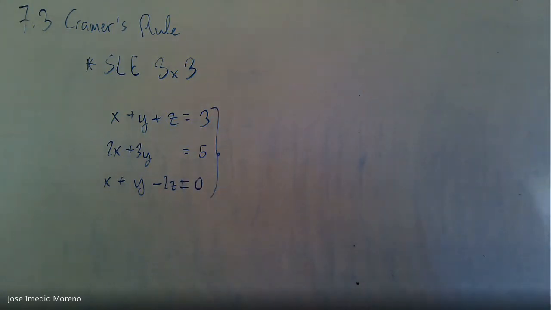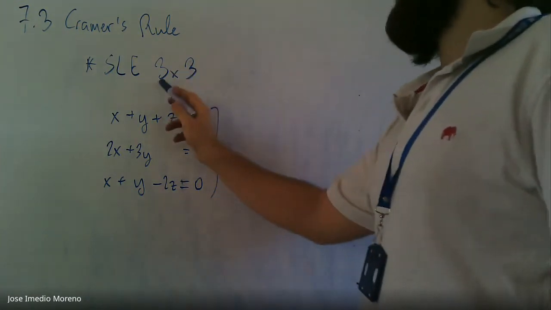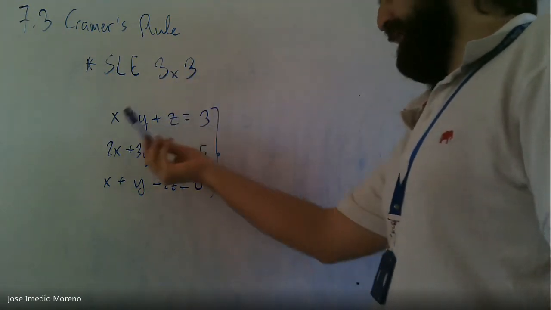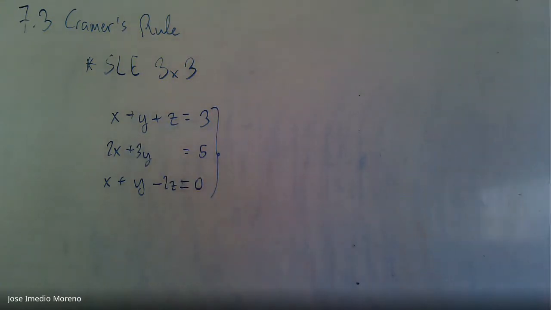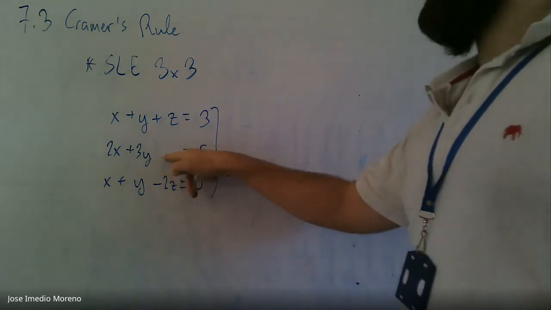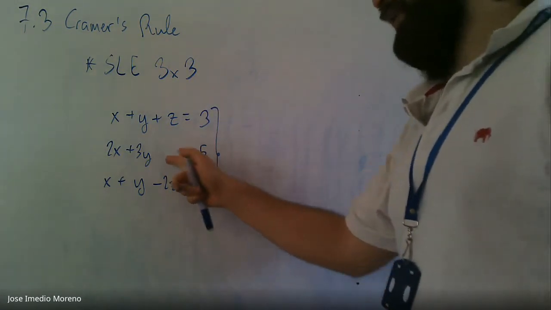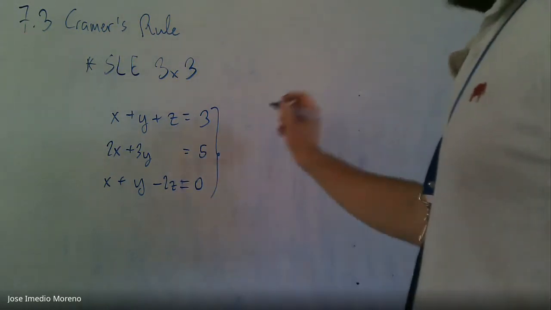So that's my system of linear equations, 3 by 3: three equations on three variables. You see, I have no z in this case, which means that the coefficient is 0. Nothing more difficult than that.